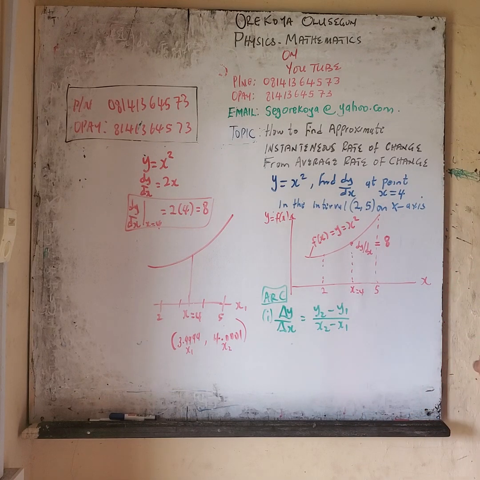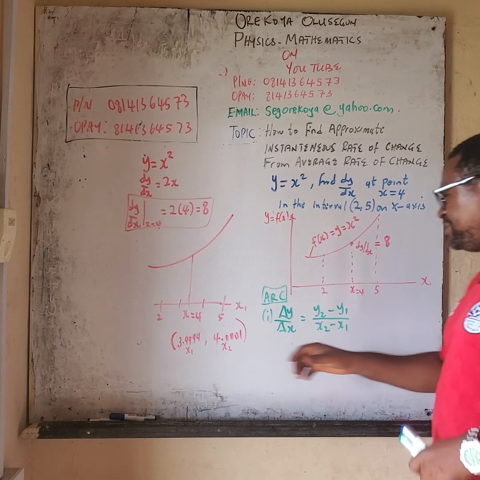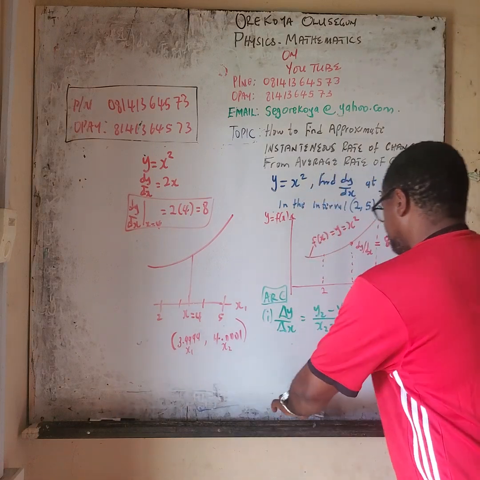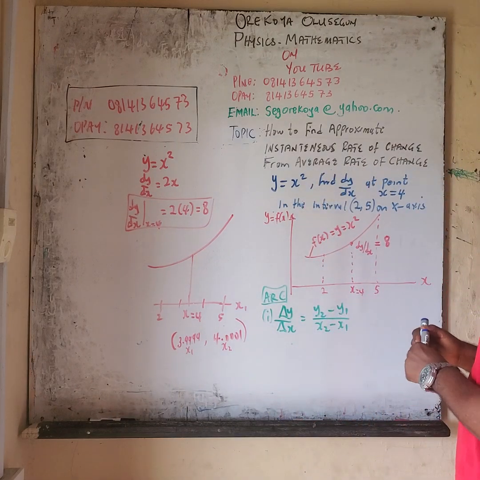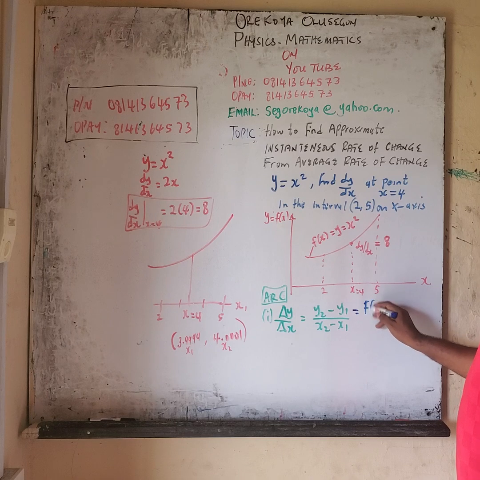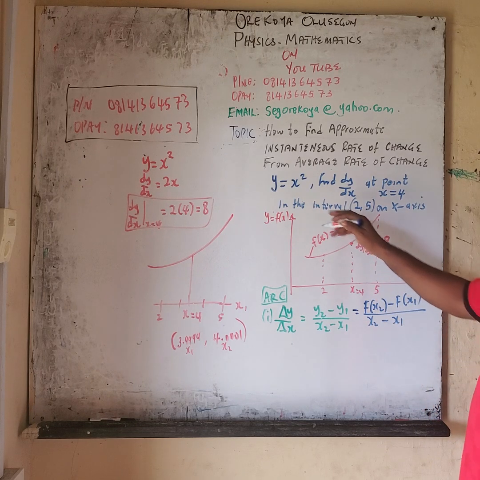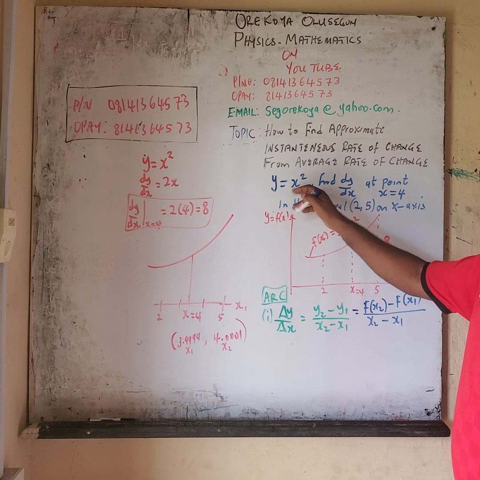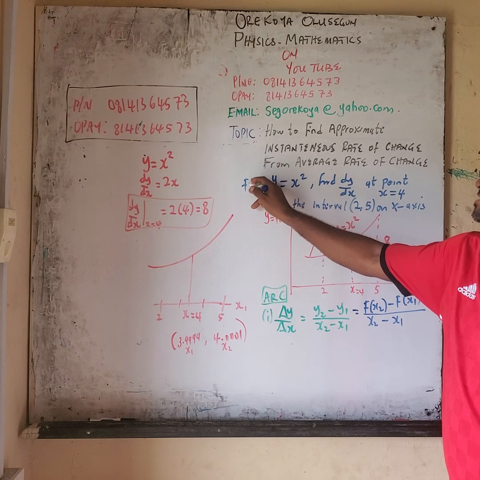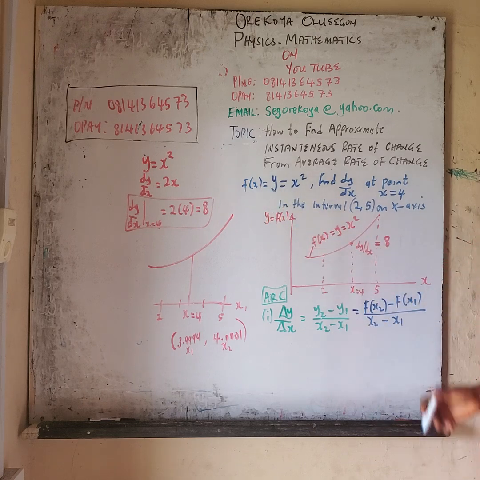We can rewrite it equally as f of x2 minus f of x1, where f of x2 is y2 and f of x1 is y1, divided by x2 minus x1. Now, since our y is equal to x squared, that means f of x is equal to x squared.